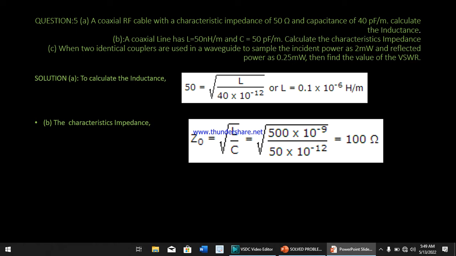Invariably, we can say the inductance is 0.1 microhenry per meter.